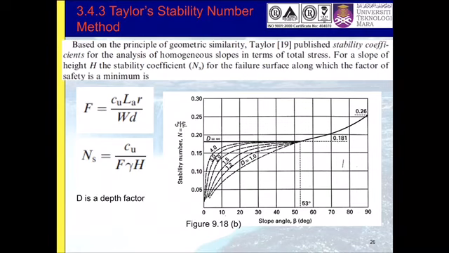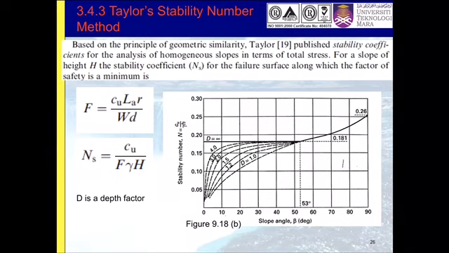Okay, last part for this week is the Taylor stability number method. We have four graphs, right? Four graphs, but this is the easiest graph.